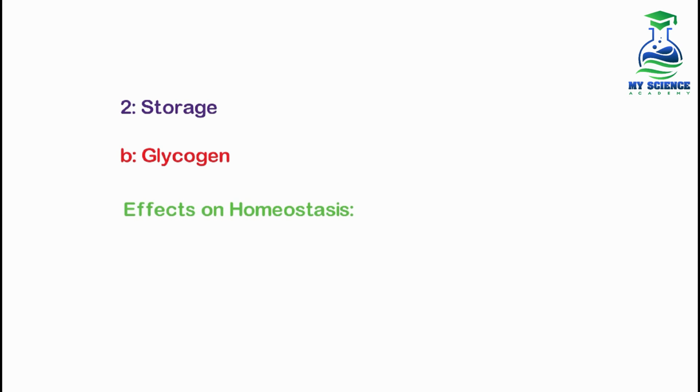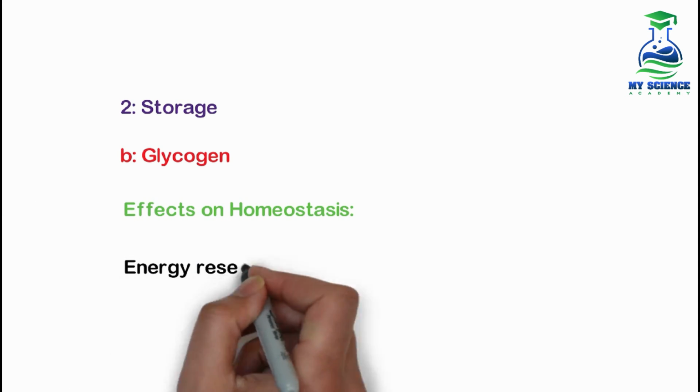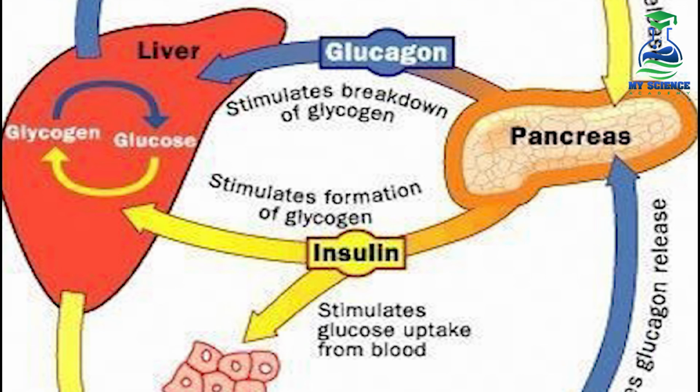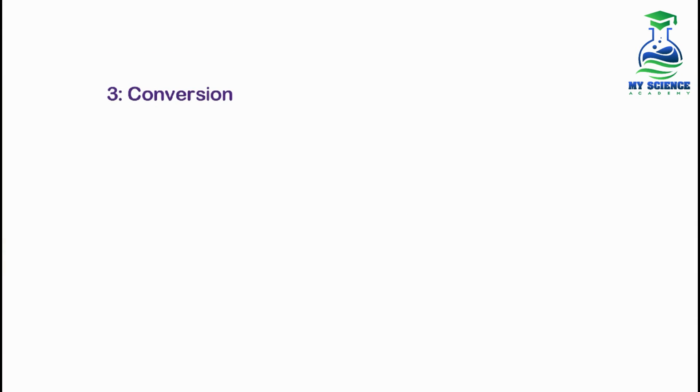How does it affect homeostasis? It acts as energy reserves, which can be understood through this diagram, where when there is excess glucose in the blood, it is stored in the liver in form of glycogen that can be converted again to glucose when it is required.